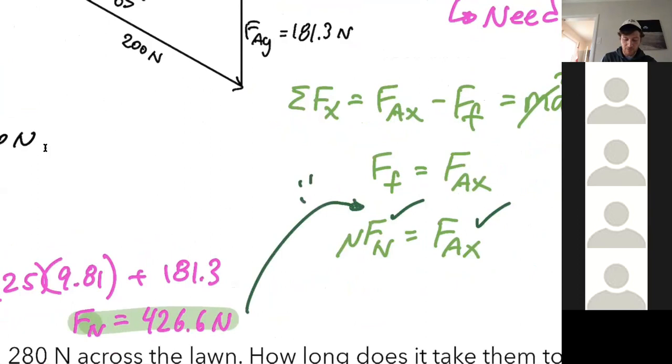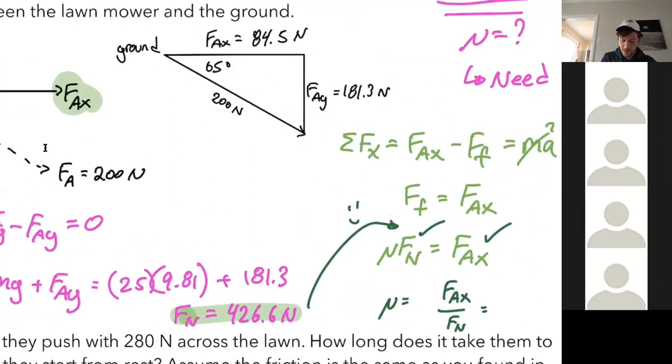So the coefficient of friction is going to be our applied force in the x direction divided by our normal force, which is 84.5 divided by 426.6, which should give you an answer of 0.20. Yay, we can put a box around that. There is our answer.